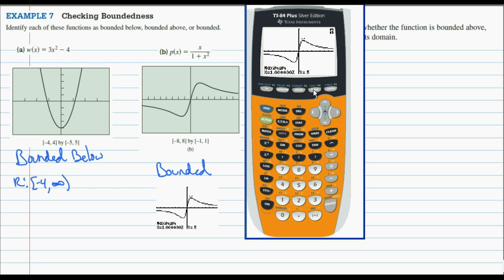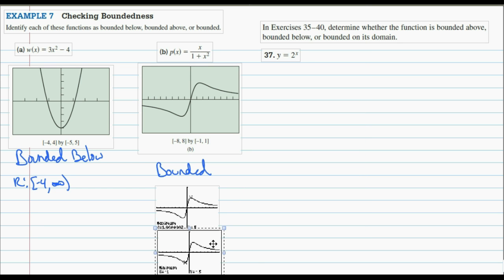Then I'm going to try and find the minimum, second calc min. So I'm going to go left of the minimum, enter. It's asking me for the right bound, so I'm going to go to the right of the minimum, enter. And then right on top of the minimum, enter. -1, -1/2.